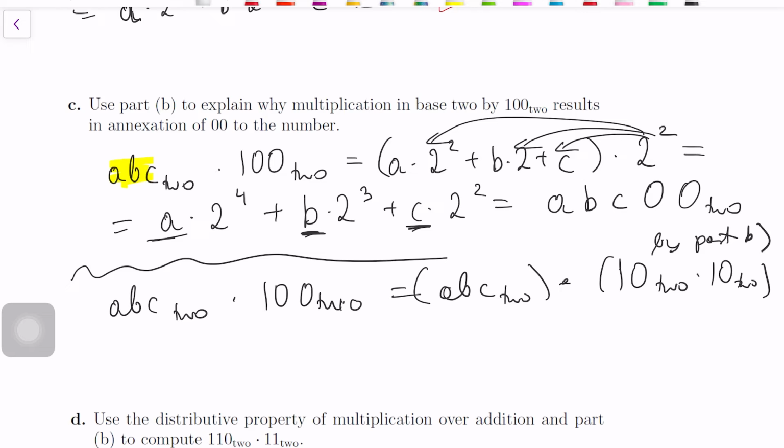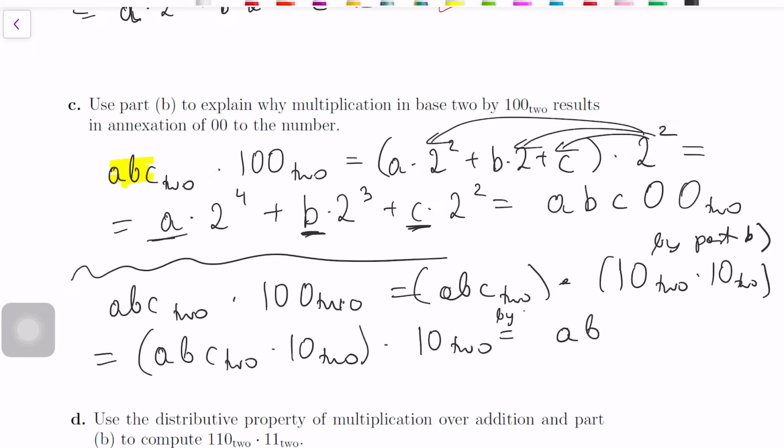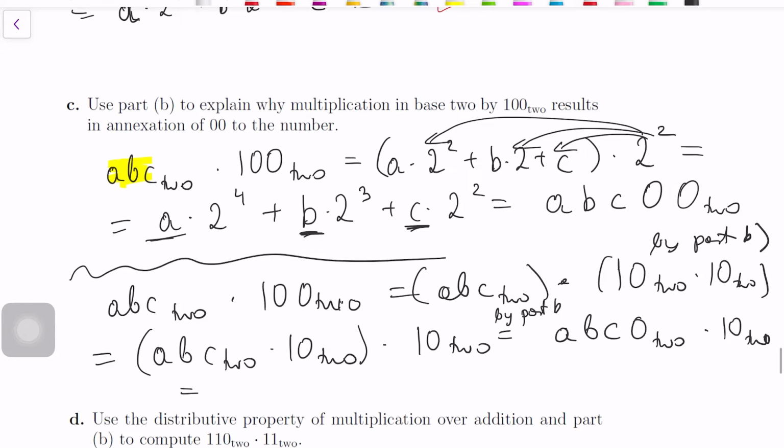And now multiplication is associative, so you can multiply this number by 10 first, which by part B just means annexing 0 at the end. But then you have one more multiplication by 10, so you will have to add another 0 at the end. And of course that means adding 2 zeros.